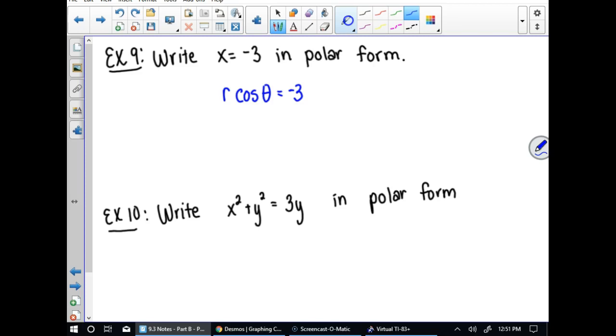So if I want this solved for r, what would I need to do? Not inverse cosine, because I'm not trying to get the theta by itself. I just want to move that cosine over to the other side, so I will just divide by cosine theta. So I'll have r equals -3 over cosine theta.